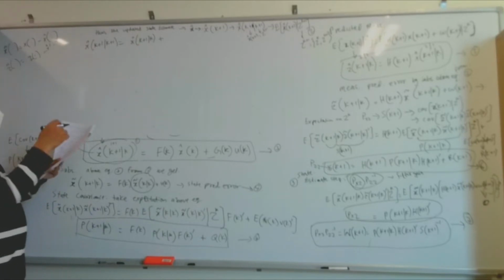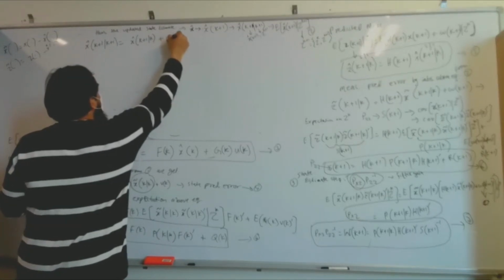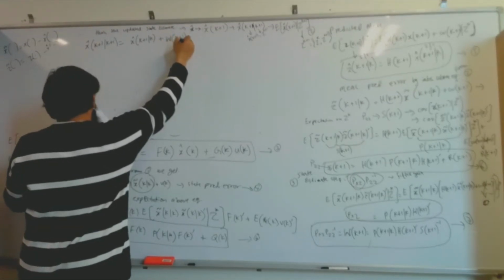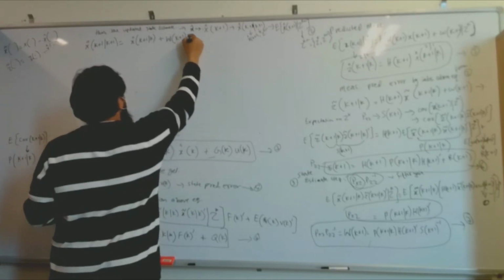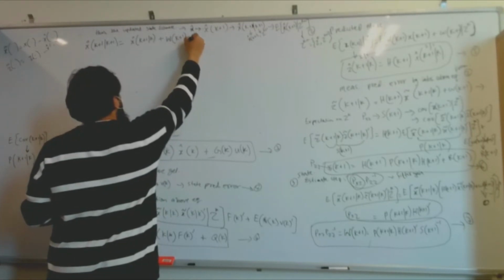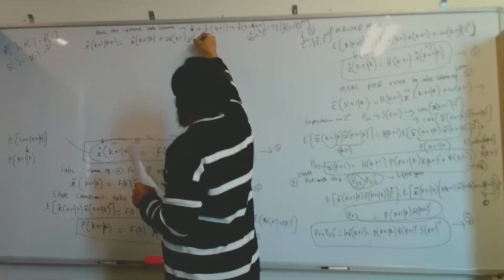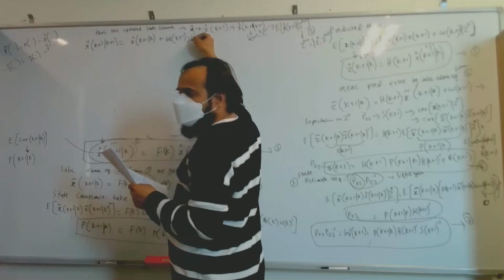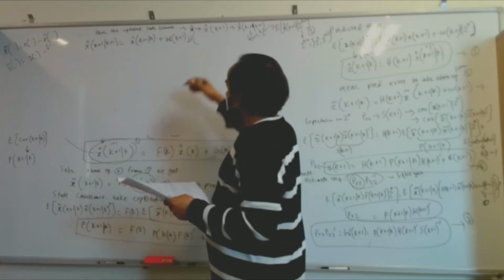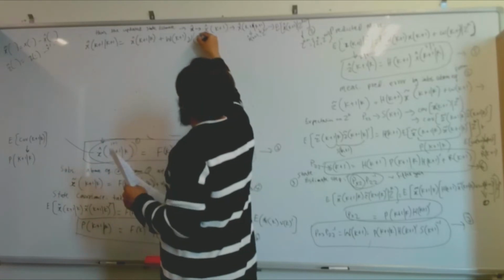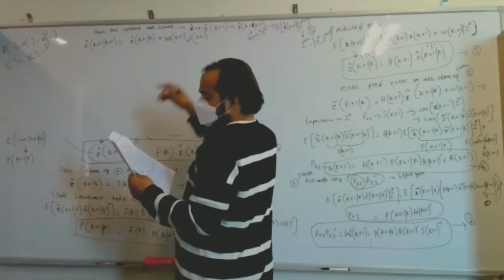This plus sign is the W k plus 1, and this sign is new. This is any variable you can write, and you can denote it by any other variable, k plus 1. Okay.